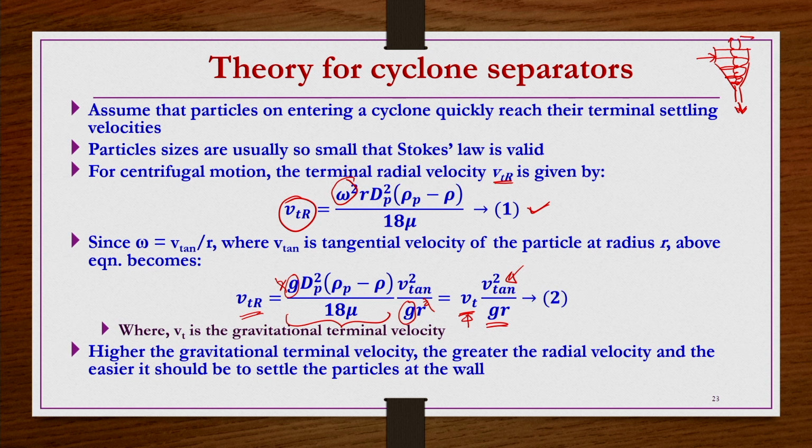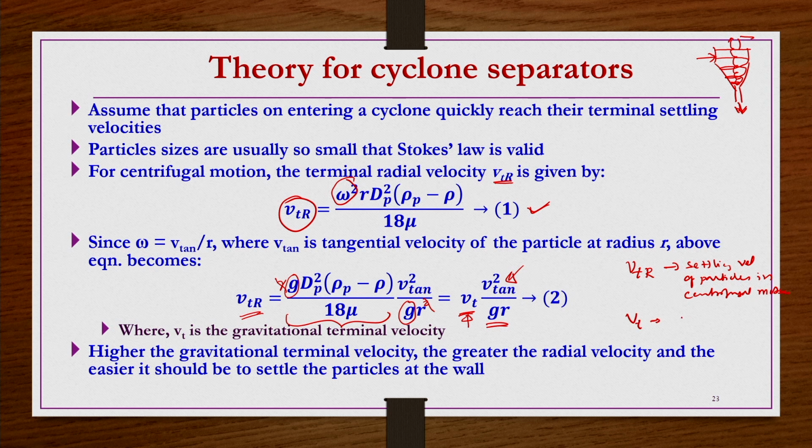Okay. So, that means if you want particles to settle at the wall, you should provide an upper end of gravitational terminal velocity for those particle sizes. Right. Now, I will rewrite once again to avoid confusion. Vtr is nothing but the settling velocity of particles in centrifugal motion.